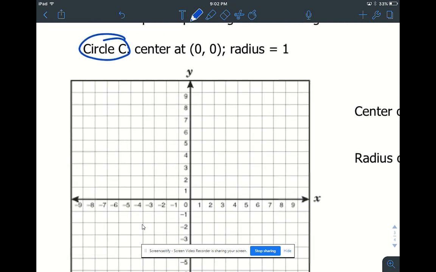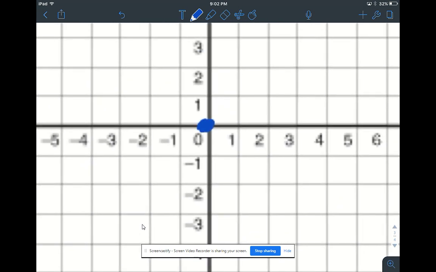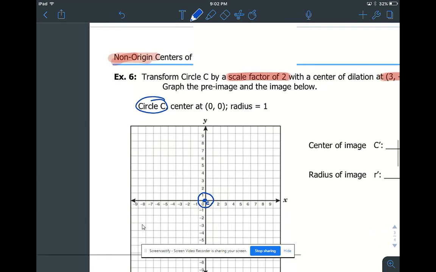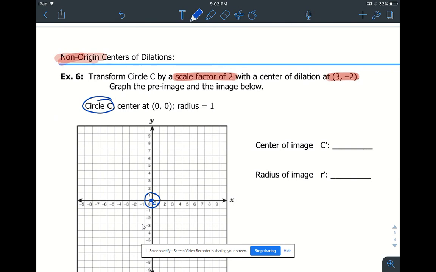So circle C looks like its center is at 0, 0. So we're going to draw 0, 0, its center, and then its radius is 1. So I'm going to go 1 unit away for that circle. So here is circle C. Now we need to draw circle C prime.